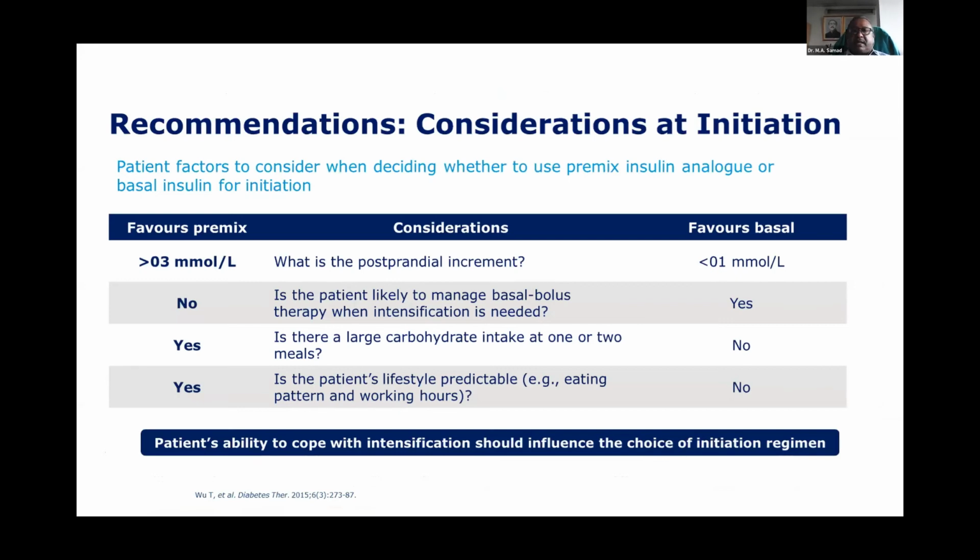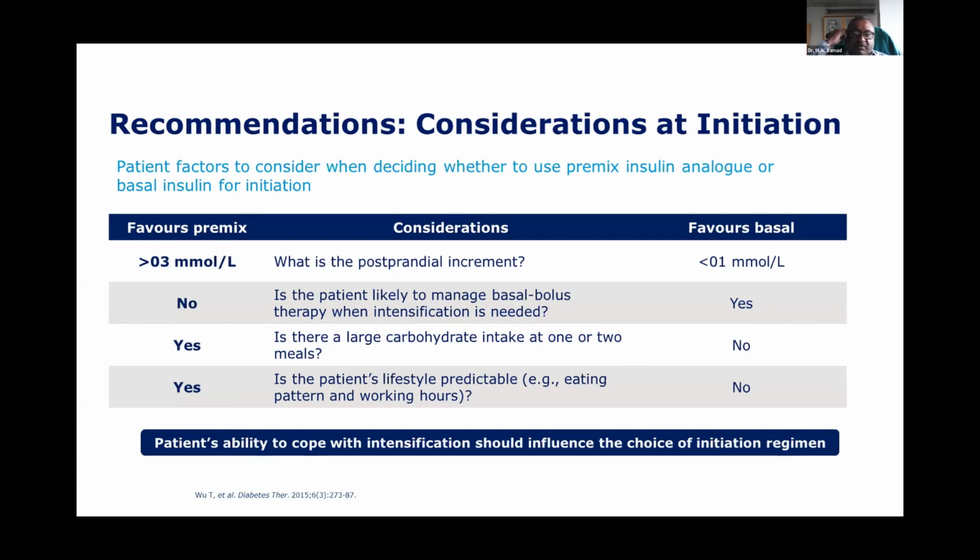This is a very important recommendation considering the initiation of insulin. You have to consider several factors. What is the postprandial increment? If the postprandial increment is more than 3, premix insulin is most favorable. If the postprandial increment is less than 1 millimole per liter, that favors basal insulin once a day. If the patient is likely to manage basal bolus therapy when intensification is needed, that is the patient's choice, that favors basal; if not likely, that favors premix.